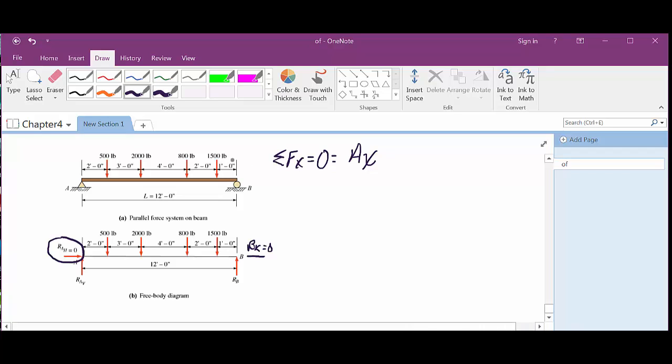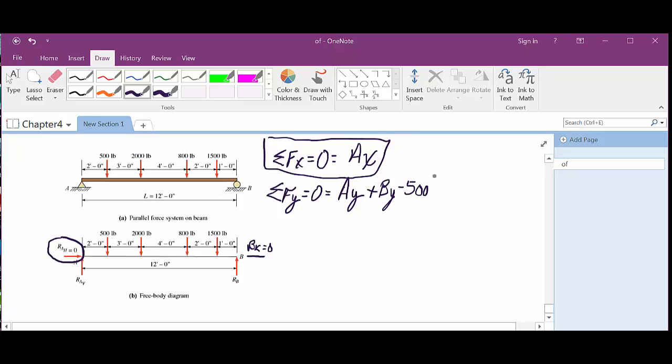Okay, so in this case, we've listed everything that's going on there, haven't we? If we'd said negative, it wouldn't make any difference. So there's my force in the X. We just proved that AX equals 0. Then I would do summation of forces in the Y equals 0. We got AY going up plus BY minus 500 pounds.